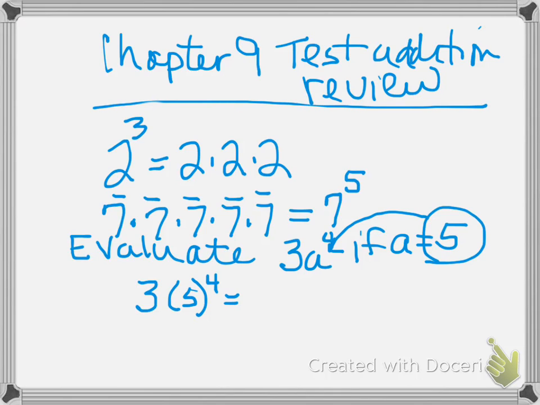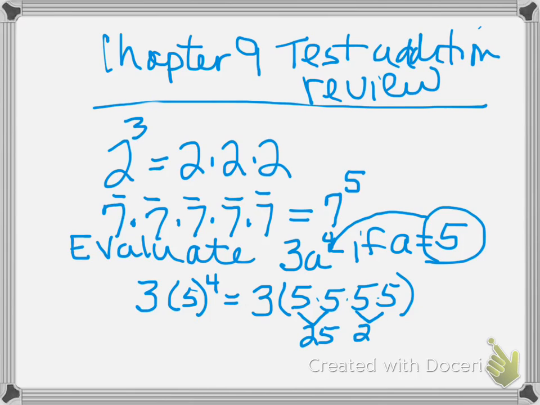So to evaluate this, we'd follow PEMDAS, and PEMDAS says you would do exponents before you multiply. So we would write 3 times, and we would have to evaluate 5 to the 4th power. That means 5 multiplying by itself 4 times. So to quickly multiply this, I would say, well, the first 5 times 5 is 25, and the second 5 times 5 is 25.